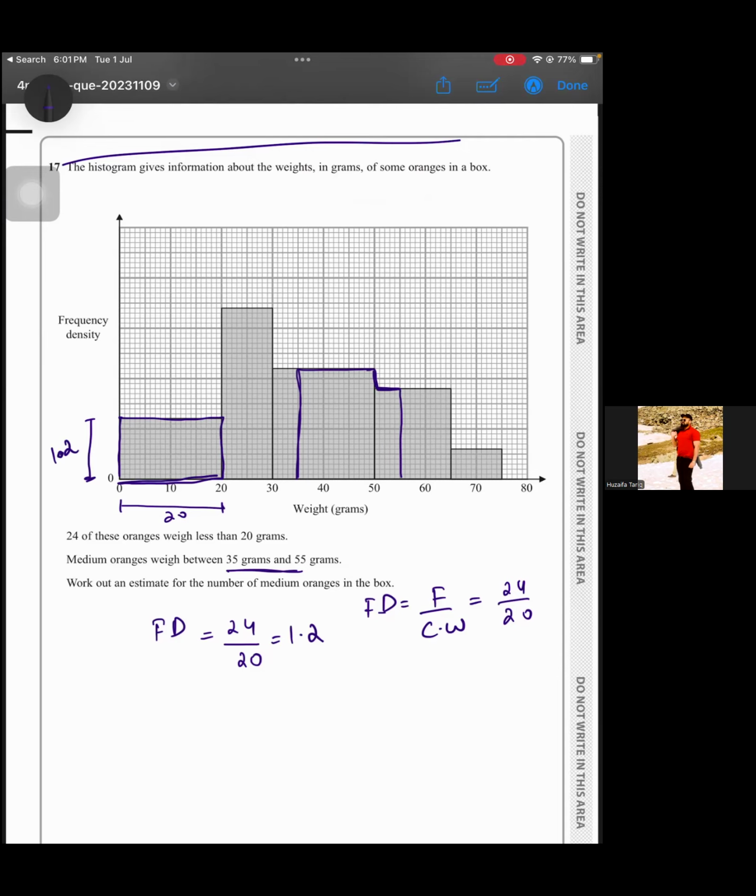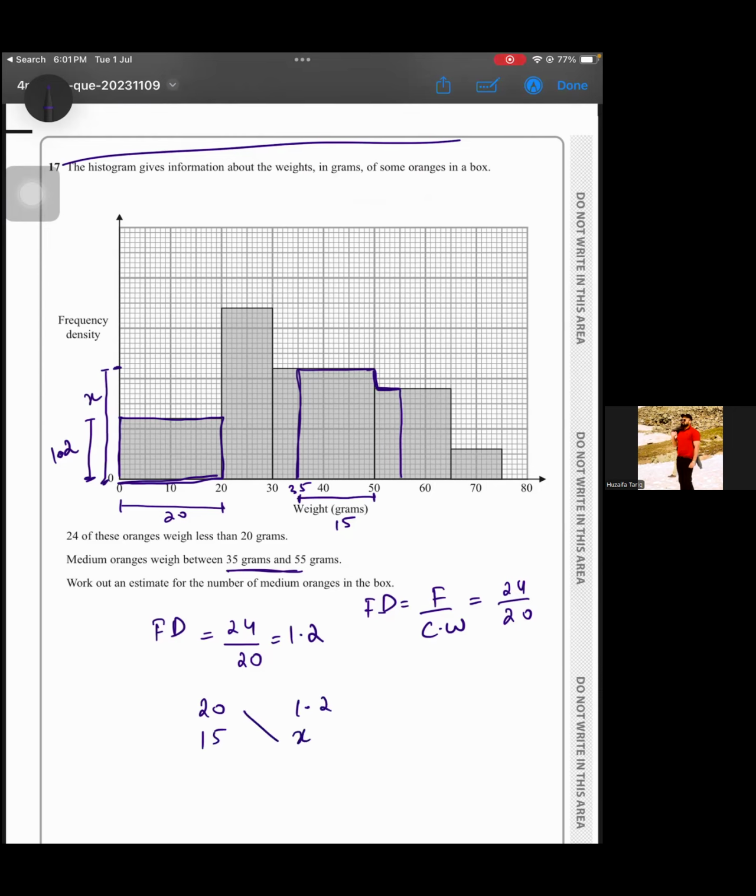So we need to find out for 40. What will be this height? If I name this height as x, what will be this height? Because from 35 till 50, we will have the class width of 15, correct? If 20 is indicating 1.2, so 15 is indicating how much?